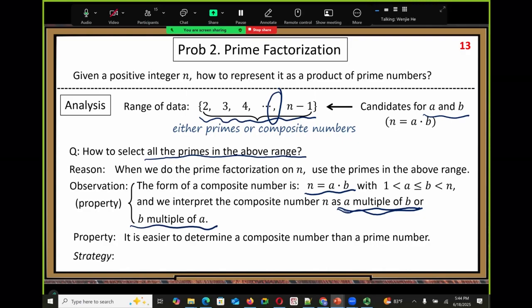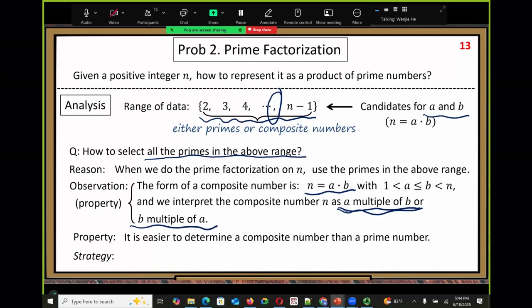Last time we exhausted all the possibilities for the AB pairs. So it's relatively hard to determine if a given positive number is a prime or not.